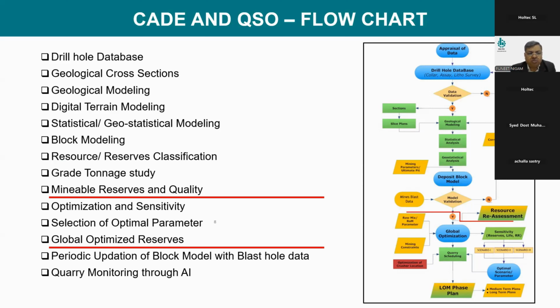Then we prepare the block model. After preparing the block model, we go for the resource assessment, and we also do grade analysis, meaning at different cutoff grades, what quality is there. And then we come out with the mineable reserves.